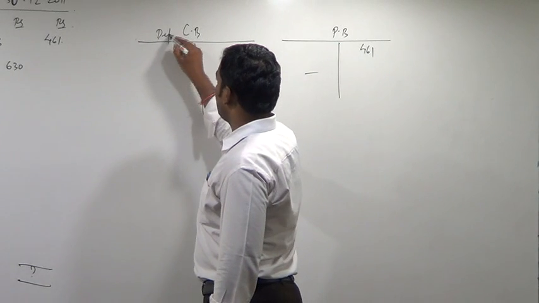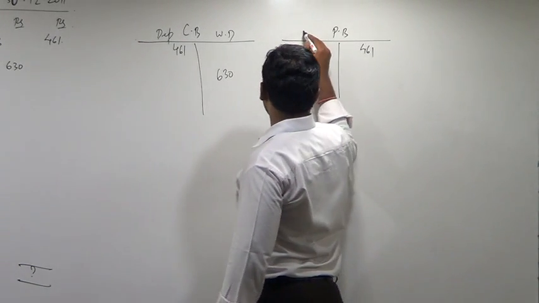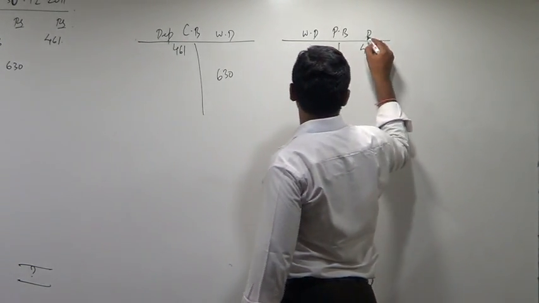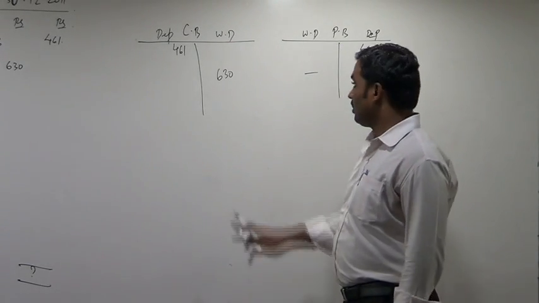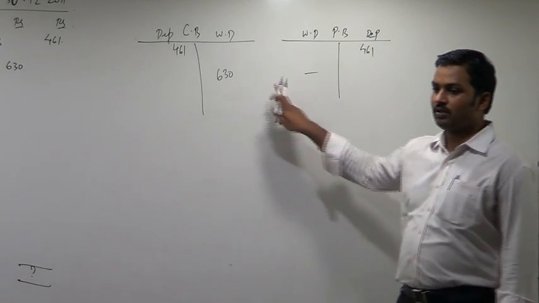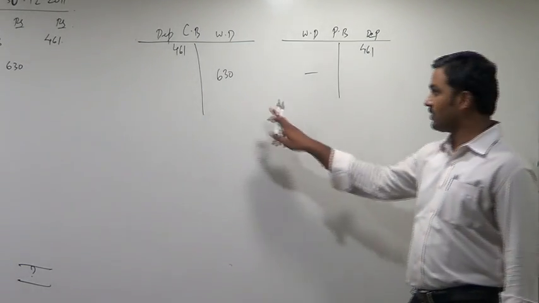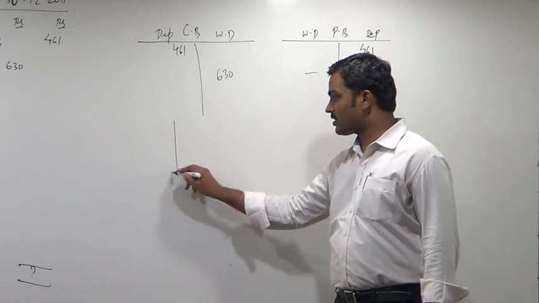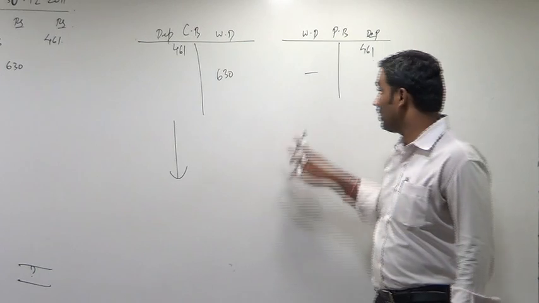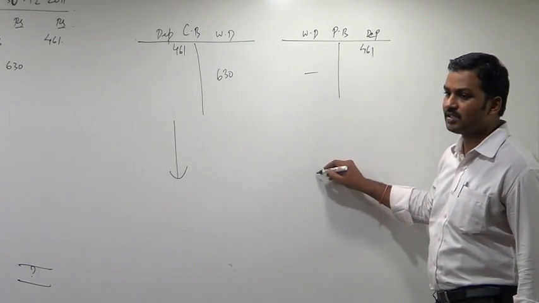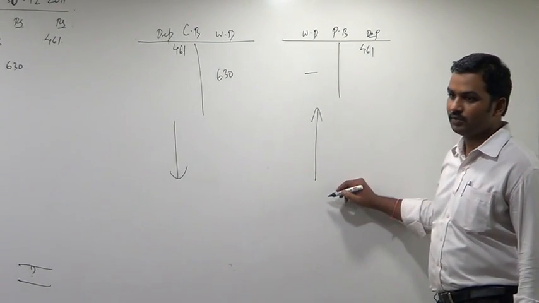This is deposit, this is withdrawal, this is withdrawal, this is deposit. Withdrawal recorded in the cash book, not recorded in the passbook. You can see that the balance of this book has reduced, while here the balance has remained the same, or we can say it is more.